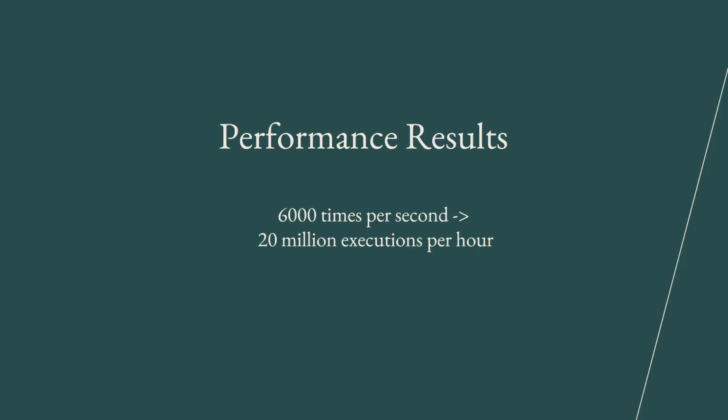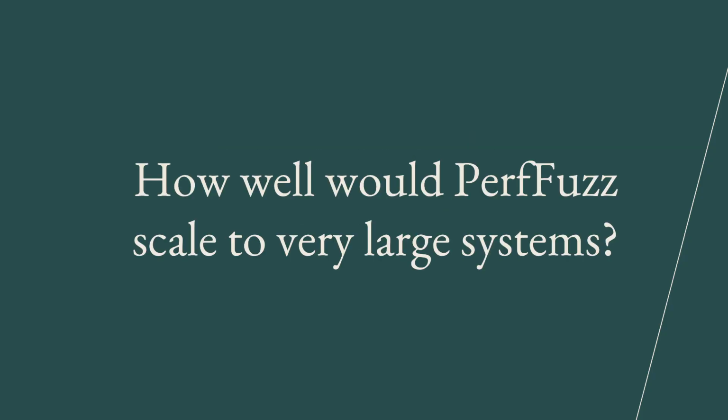PerfFuzz can execute word frequency about 6,000 times a second, which is about 20 million executions per hour. And then at the end, it'll output the inputs causing maximum execution count and the corresponding CFG edge statistic. So that's how we got all those three inputs on the previous slide.